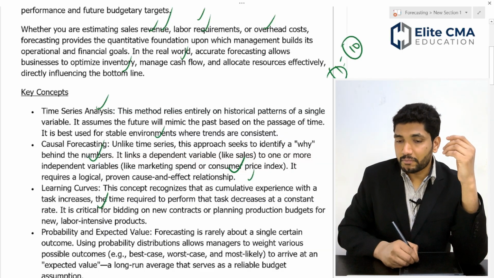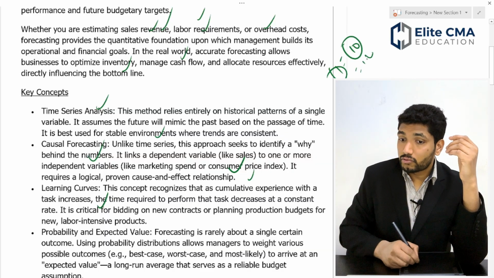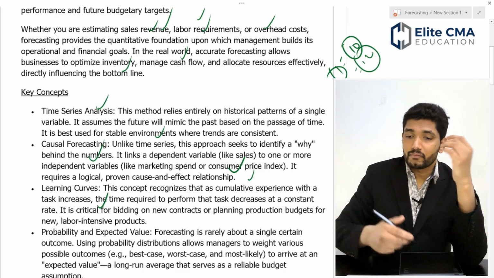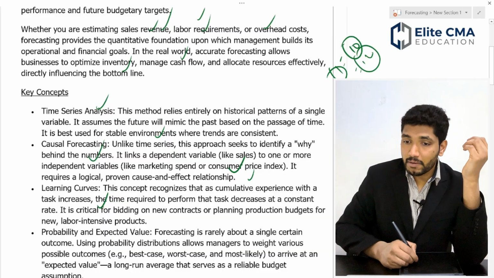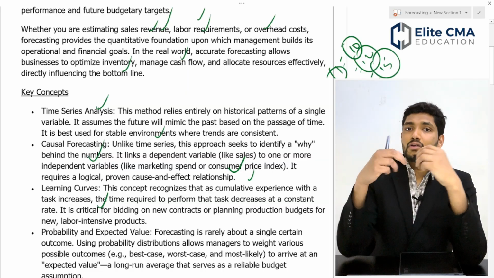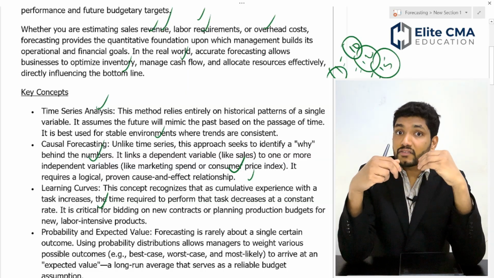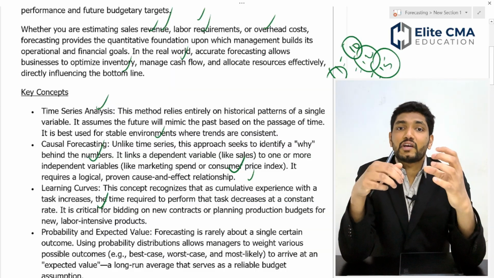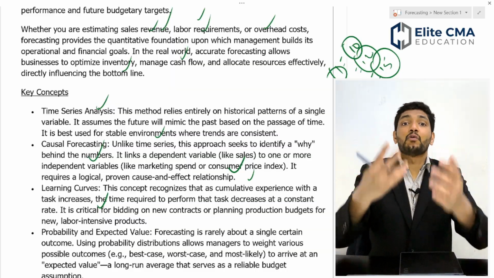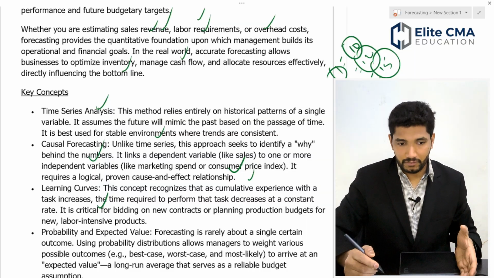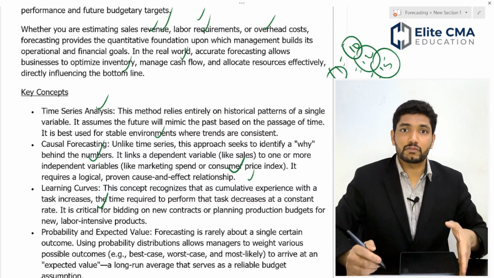On day 2 he may produce another 12 or 11 units. On day 3 he may produce 15 units. So there is a learning curve involved. He is becoming expert in that process and he is producing more output than in the previous production. That concept is called a learning curve.